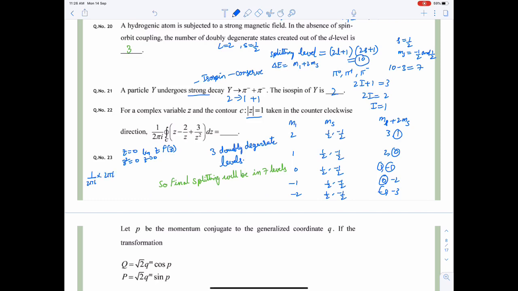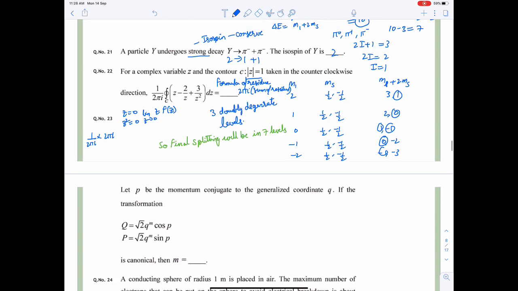This is the formula of residues: the integral is 2 pi into the sum of residues. To calculate the integral, you use 2 pi into the sum of residues. Now we have to calculate your residue. You can calculate it with the simple formula, that is z f(z).